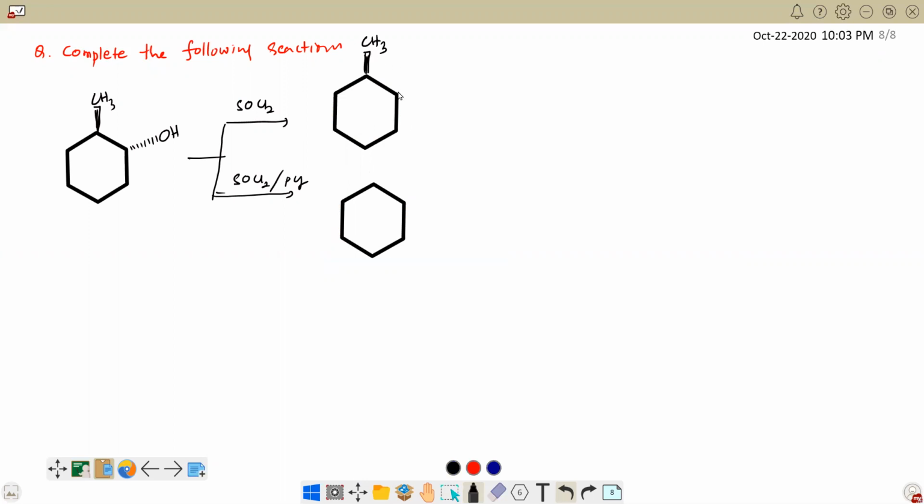OH will get removed and Cl will get added in place, below the plane or above the plane? Sir, wedge dash. Now what could it be? It is above the plane, right? It's a retention configuration. Yes, sir. Retention. And this is said to be what? Inversion configuration.